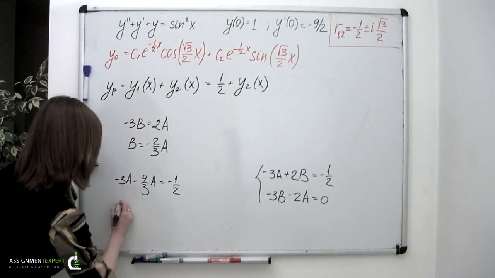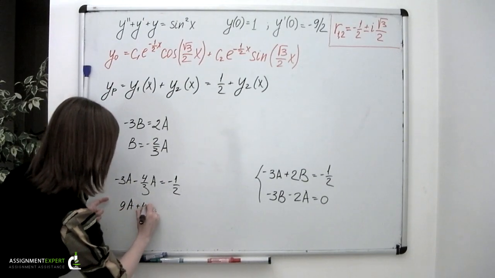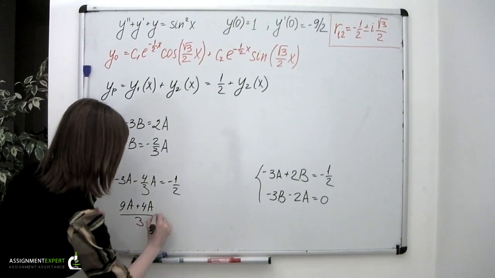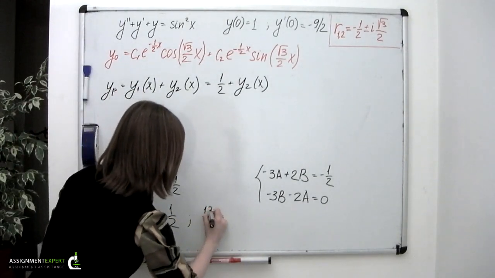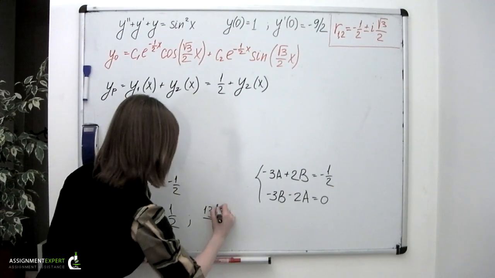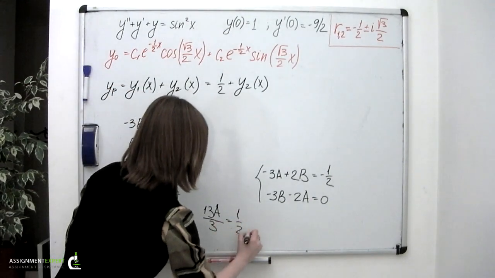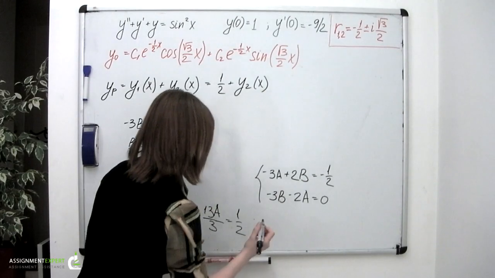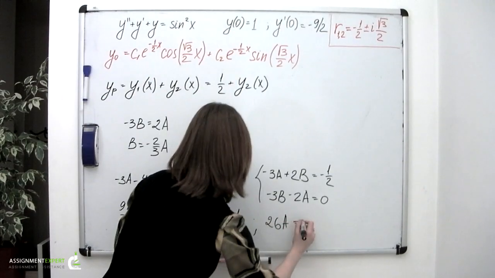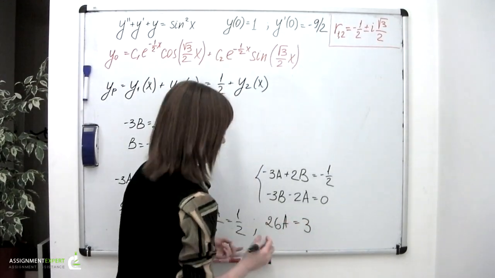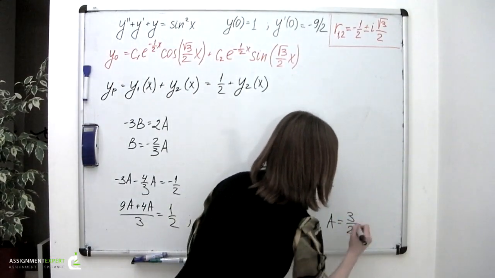We go 9a plus 4a over 3 equals 1/2, or 13a over 3 equals 1/2, or 26a equals 3, and finally a equals 3 over 26.